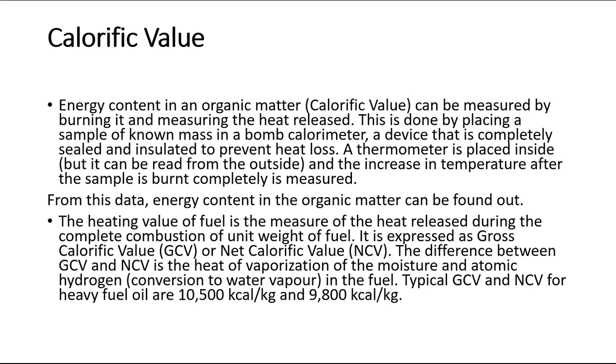Energy content can be found out by two different parameters, that is gross calorific value or net calorific value. The difference between GCV and NCV is the heat of vaporization of moisture and atomic hydrogen in the fuel. Typical GCV and NCV for heavy fuel oil are 10,500 kilocalorie per kilogram and 9,800 kilocalorie per kilogram.